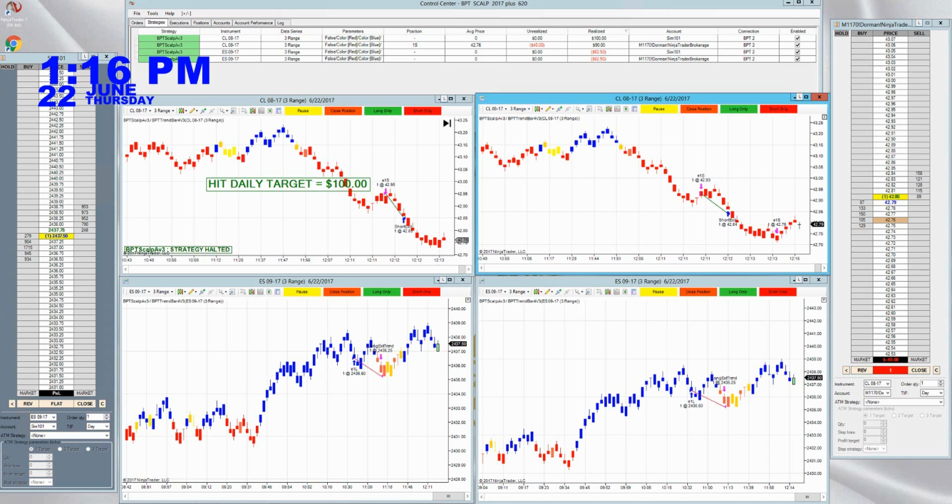Some of the trades, as we see in an example on the ES, when the market is moving slow, you will have the same entry and the same exit. But when the market is moving fast, you're going to have one tick off.